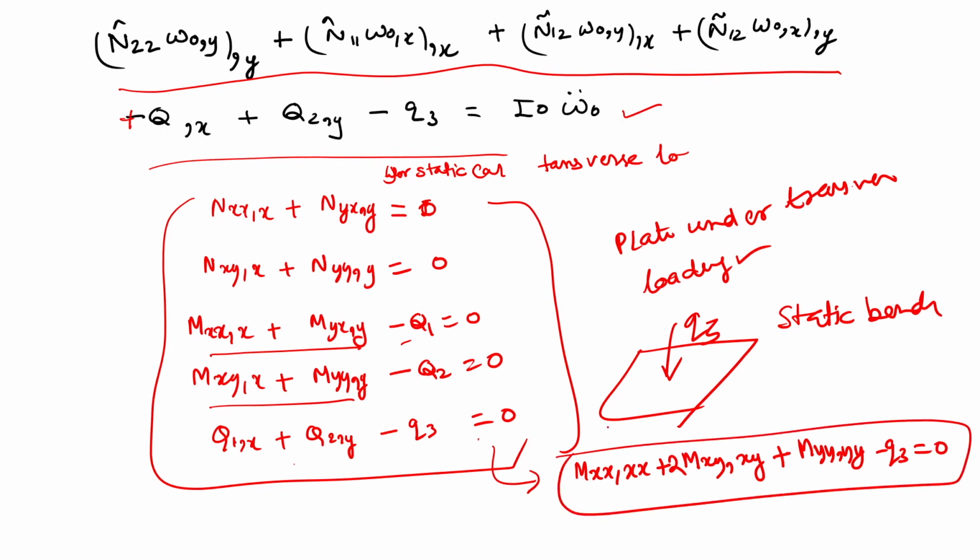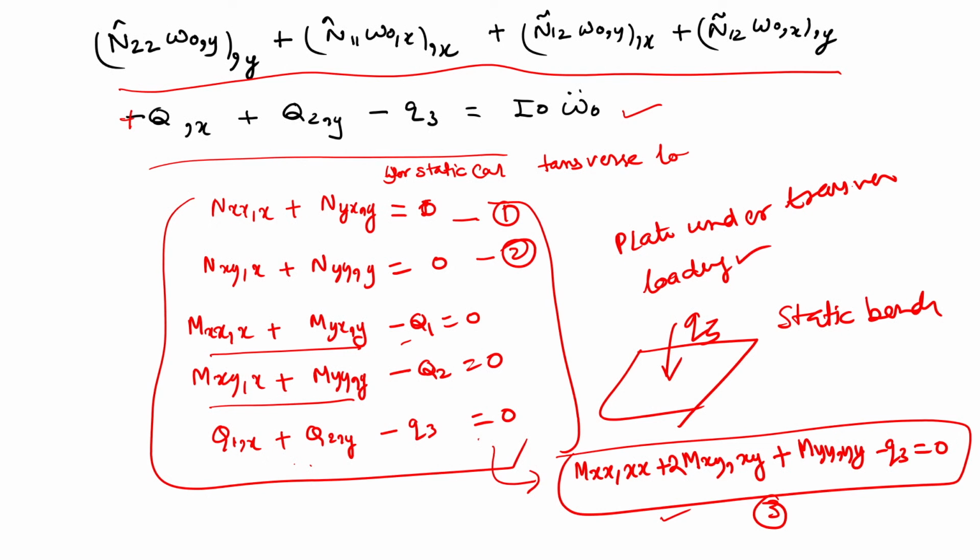So this is your third equation for the case of CLT, and this is your second equation and first equation. So for the case of a plate, we are able to deduce the set of governing equations. For the case of FSDT there are 5 equations. If you want a classical shell, then you have to use these 2 equations and substitute in the 5th equation, and the final equation can be obtained.